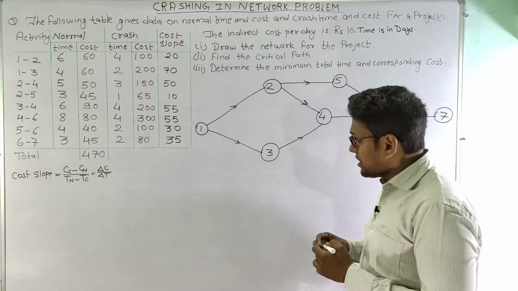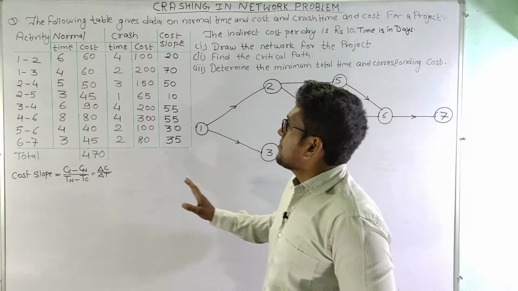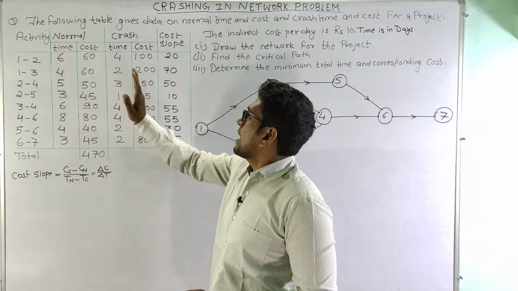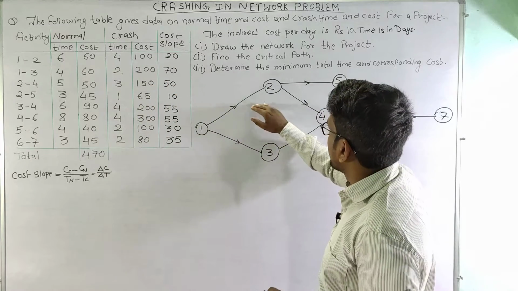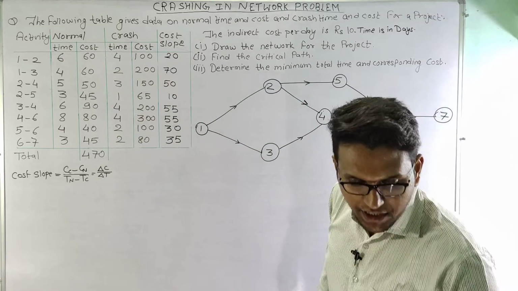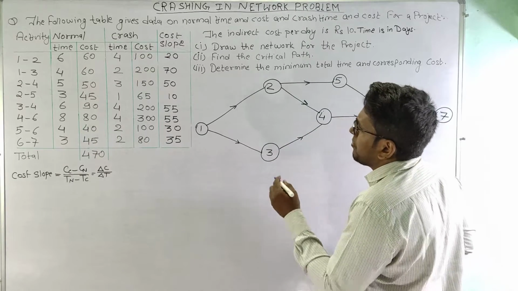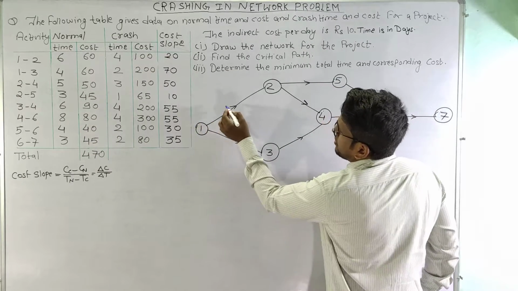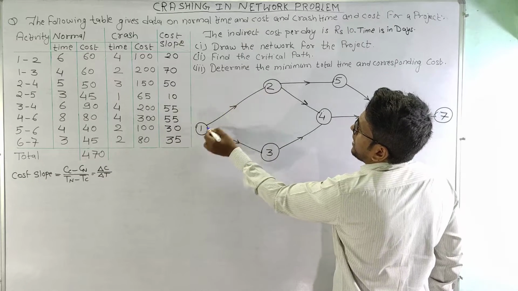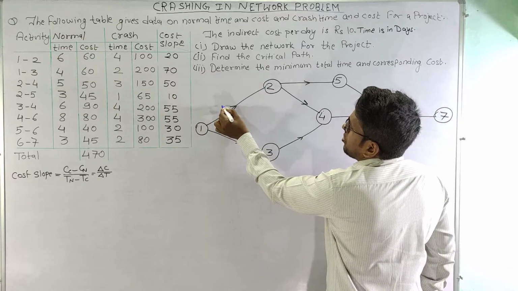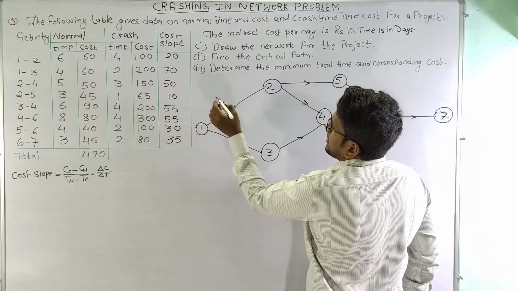Now we need to represent the time, that is the normal time, crash time and cost slope here to calculate the various values. So we will represent them in the form as, first we'll write the normal cost. So for activity 1 to 2, normal cost is 6 and crash cost is 4.